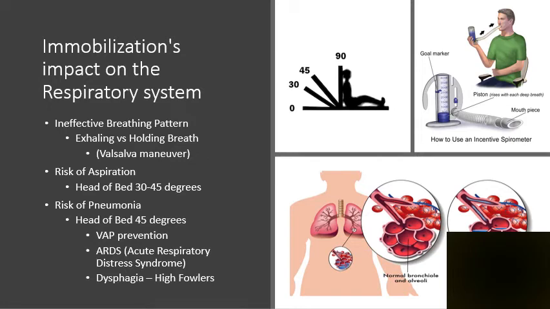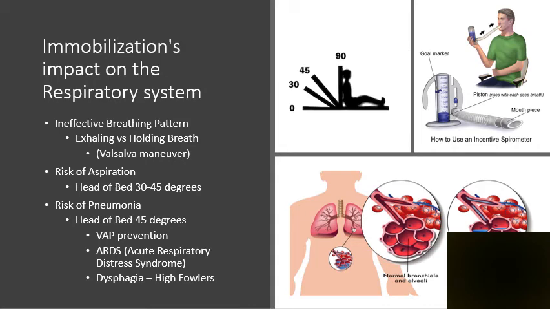There are other body positions, whether it be semi-Fowler's or, as we discussed, the upright position, also known as high Fowler's. For those patients that have ineffective breathing patterns, the risk for pneumonia is very high.